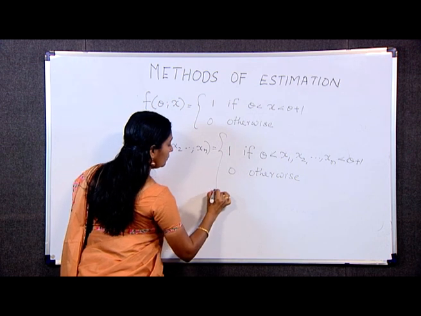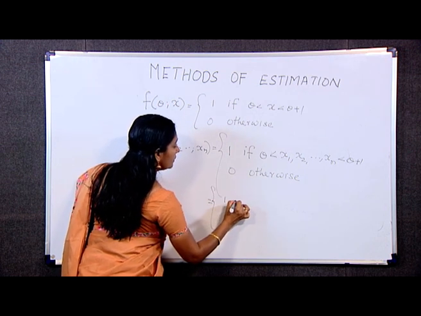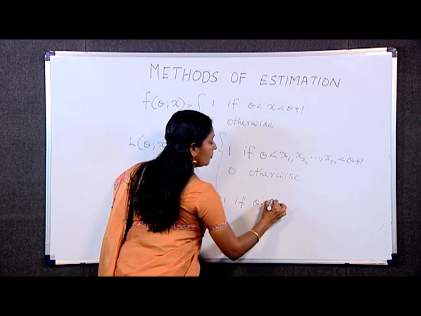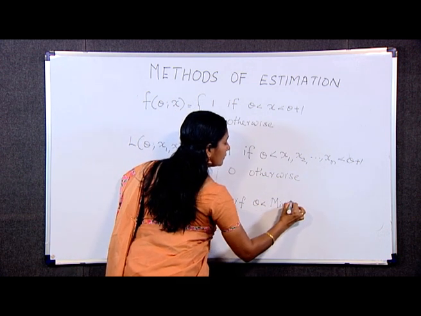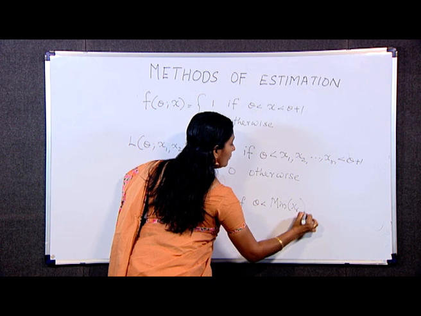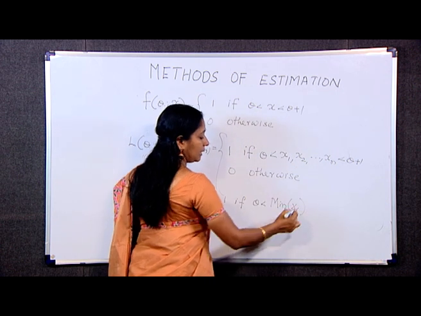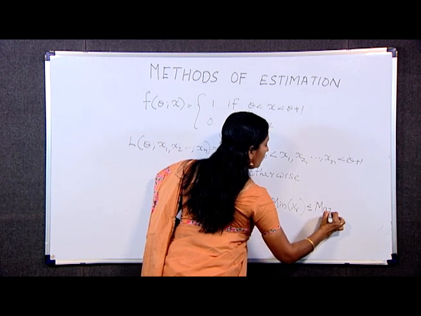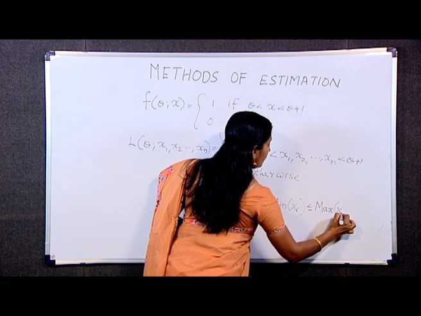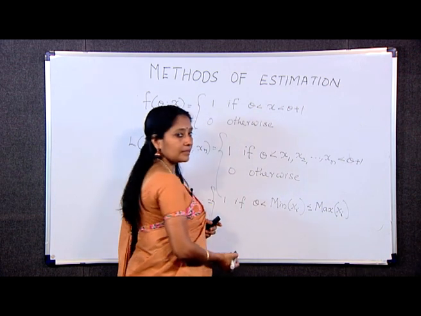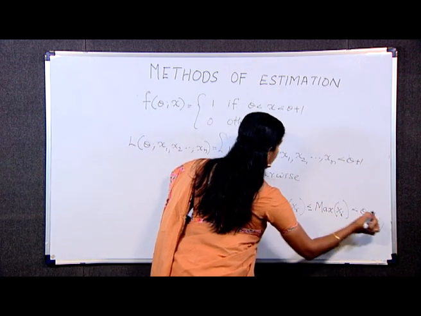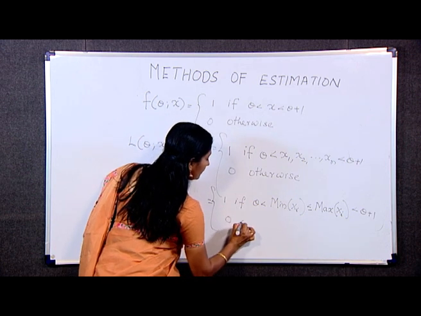Therefore, this is equal to 1 if theta less than minimum of xi, or minimum of x1, x2, ..., xn, less than or equal to maximum of xi, or maximum of x1, x2, ..., xn, less than theta plus 1, and 0 otherwise.